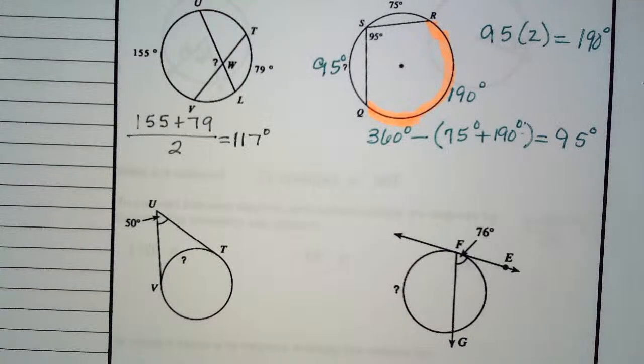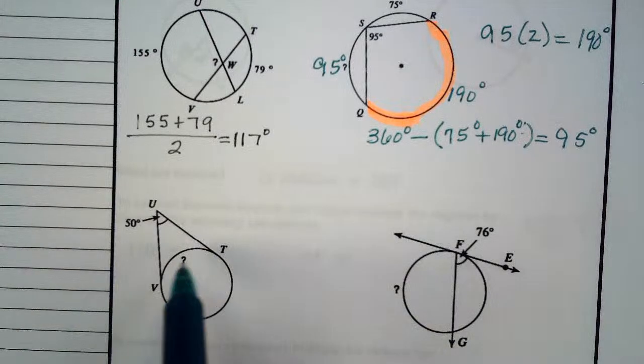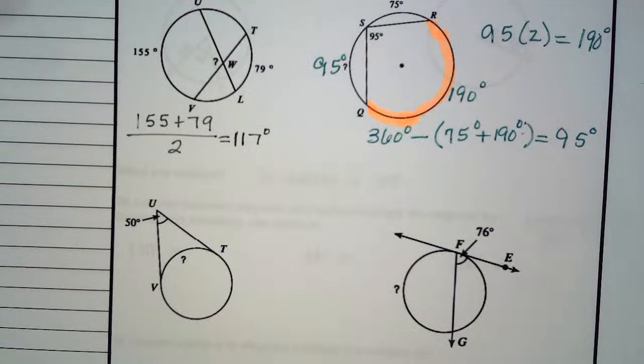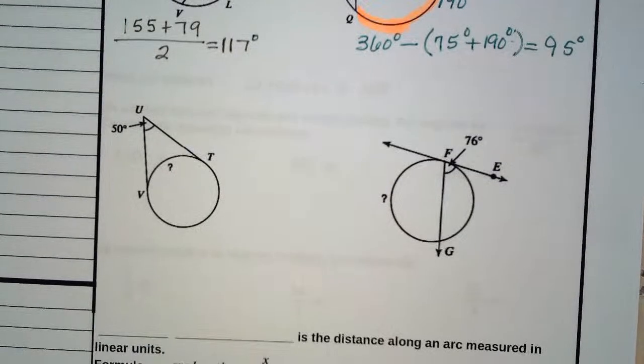If I am looking at this, I want you to stop and think, what do you know about this figure here? How many degrees will be in this figure? If you said 360, you would be right.